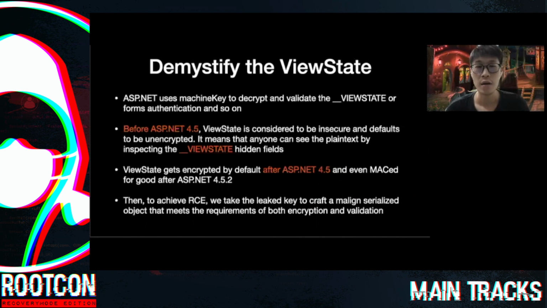Because ASP.NET uses the machine key to decrypt and validate the view state, or forms authentication and so on, if the attacker owns the key, they can basically craft any object that ASP.NET will verify and then accept, which is thoroughly a disaster. In that case, an attacker can craft a malicious object to the server to trigger unwanted deserialization and end up with RCE.